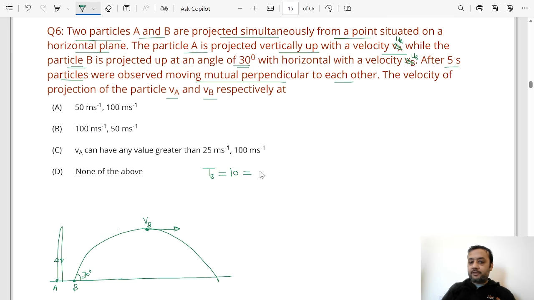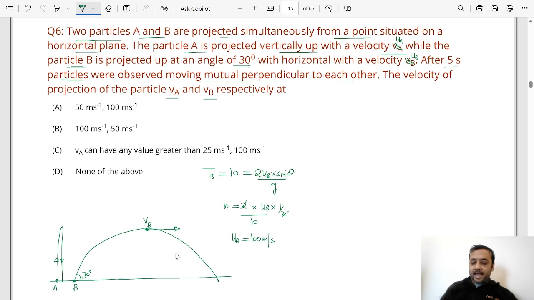And you know that time of flight of B is 2u sine theta by g. That is the formula. So that means UB is how much? Sine theta is half, and gravity we can take 10. So basically from here you can see that UB becomes 100. So understand that velocity of B has to be 100 meter per second.